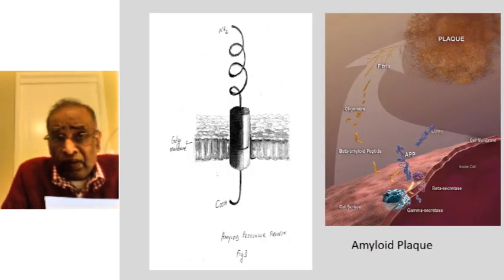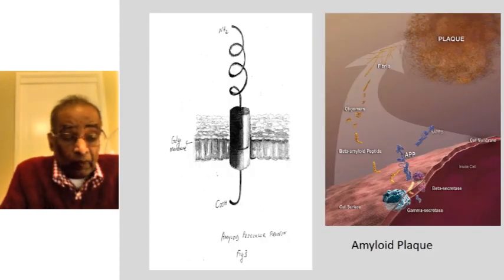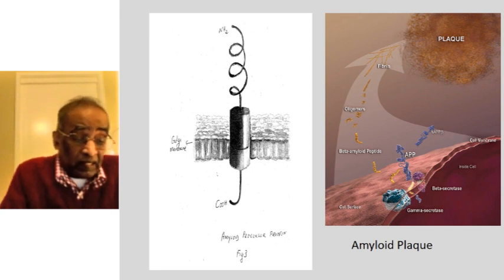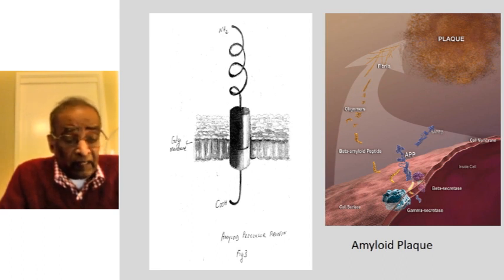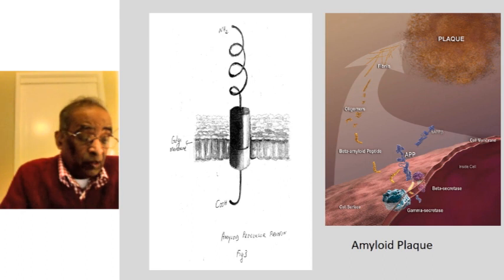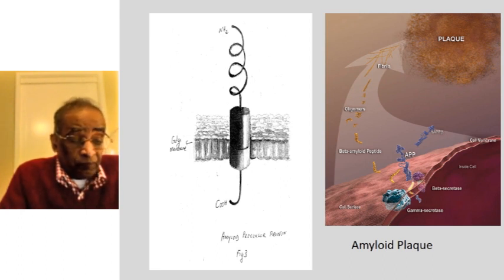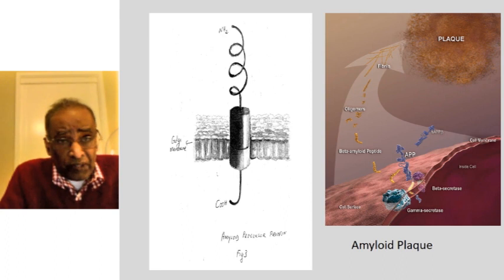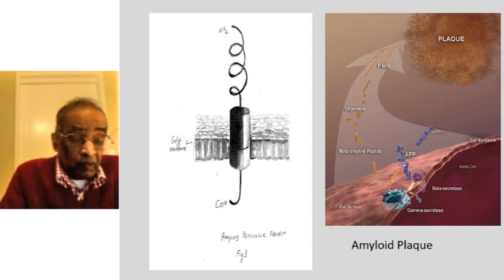Enzymes named alpha secretase, beta secretase, and gamma secretase are involved in cleaving at the transmembranal region of the APP to produce beta amyloid. In doing so, they may produce beta amyloid with 40 amino acids, which is called beta amyloid 40, or beta amyloid with 42 amino acids, called beta amyloid 42.